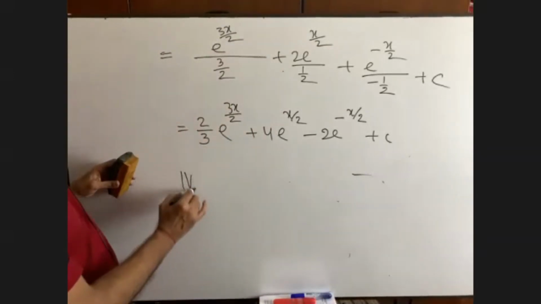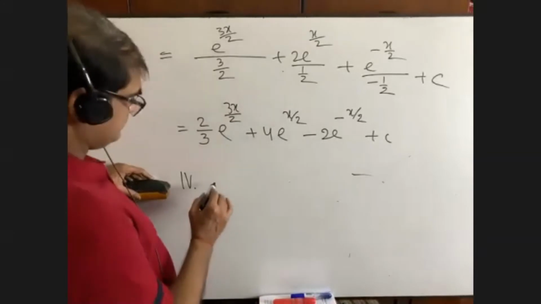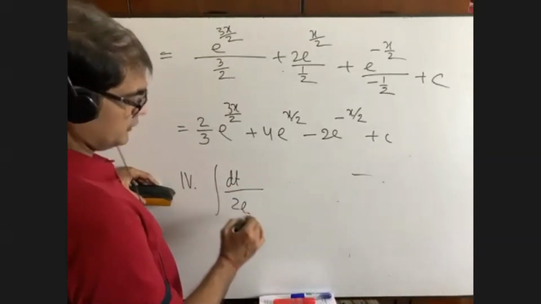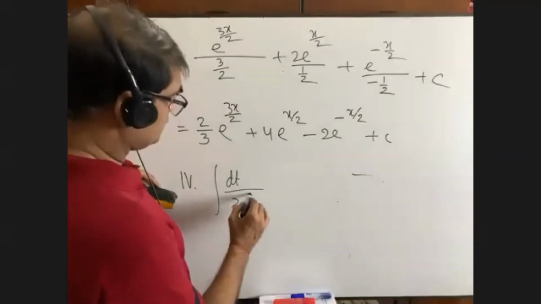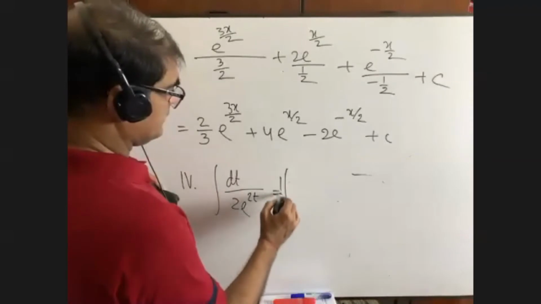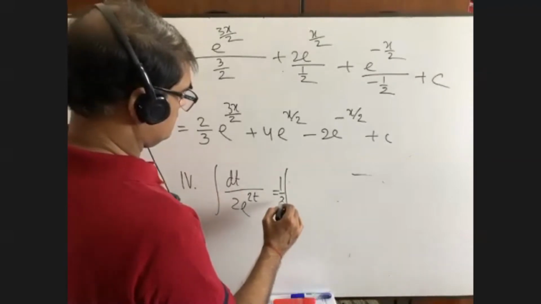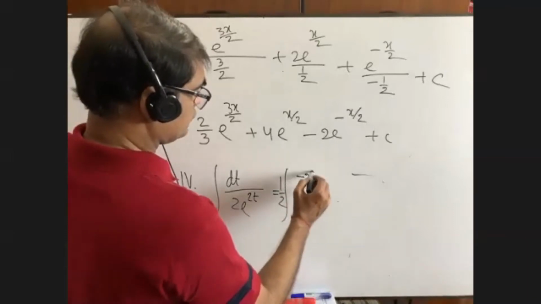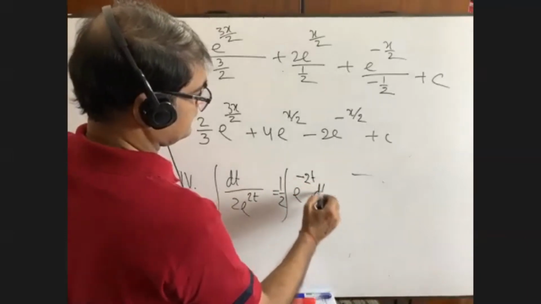Number 4, dt by 2e to the power 2t. What will you do? It is half e to the power minus 2t dt.